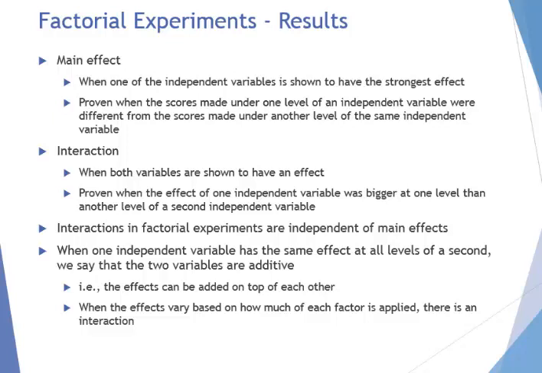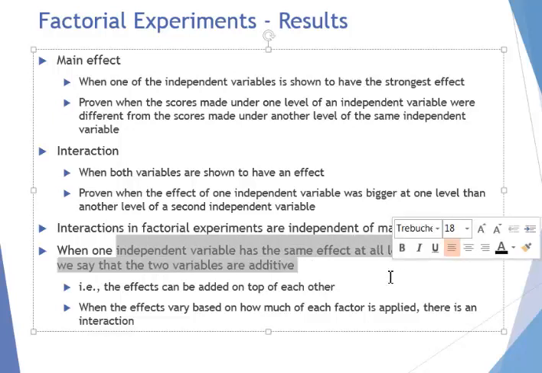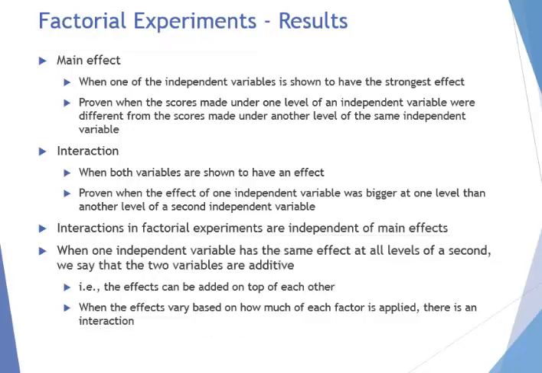Interactions mean not only does the Advil work, but does the Advil work better in combination with the dark room? Does young work better in terms of remembering sequences in combination with high IQ? Does it multiply the effect? Does it make the effect stronger? So when one independent variable has the same effects at all levels of the second, then they are additive and there is no interaction in that case.